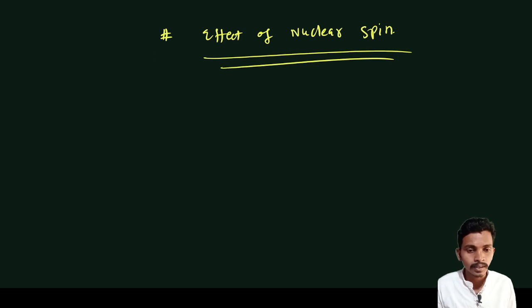What we say here, effect of nuclear spin, means: due to nuclear spins, what is the effect in the spectrum of the molecules? Let's say any molecules, CO, or any molecules like O2.